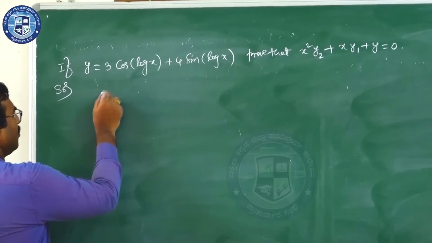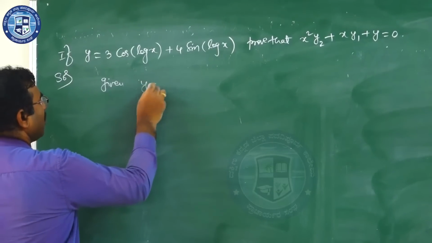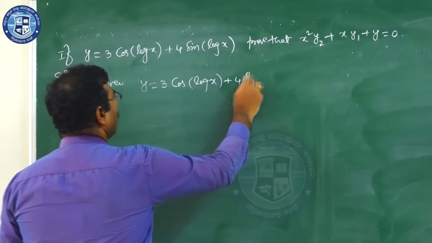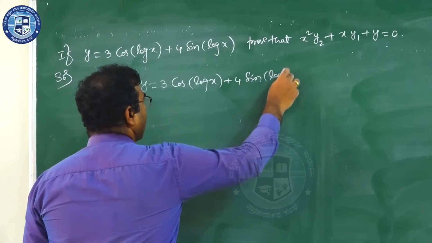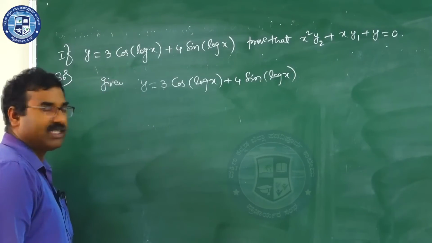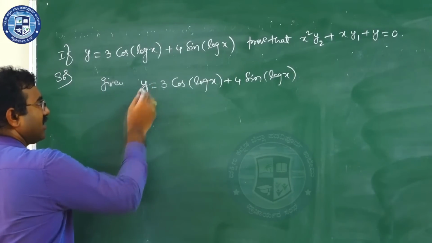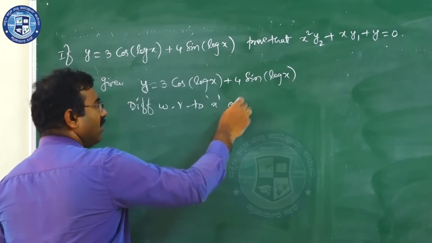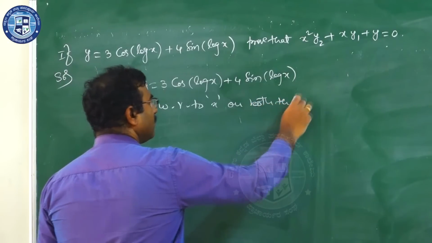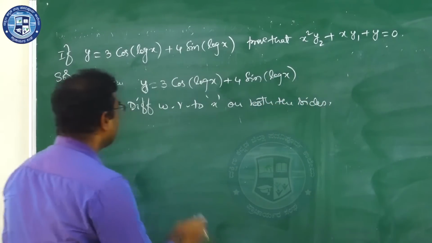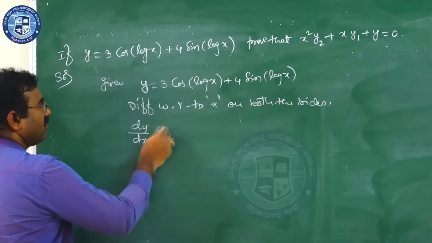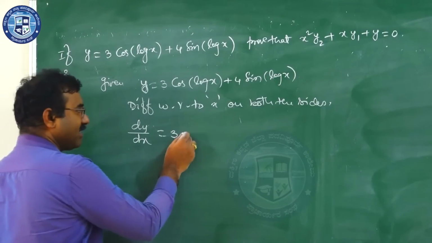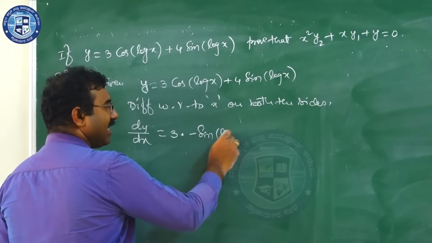Given y is equal to 3 cos of log x plus 4 sin log x. Just differentiate with respect to x on both the sides. So dy by dx is equal to 3 into differentiation of cos x, which is minus sin x.